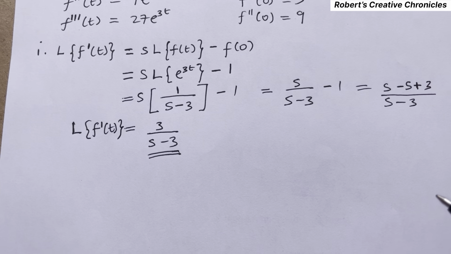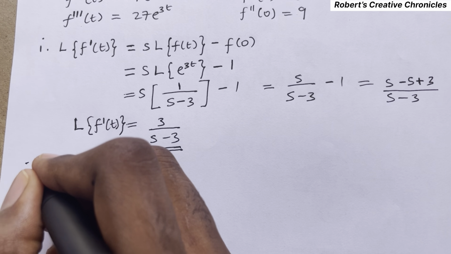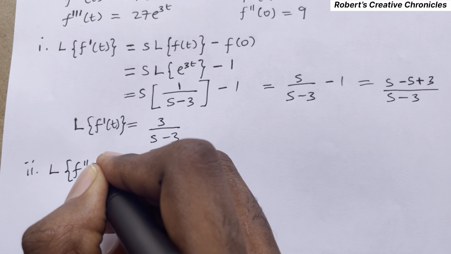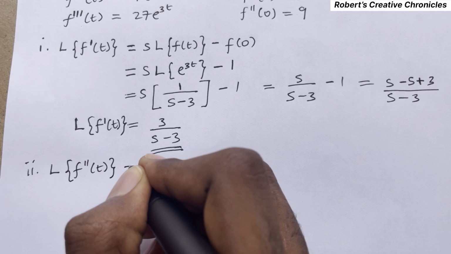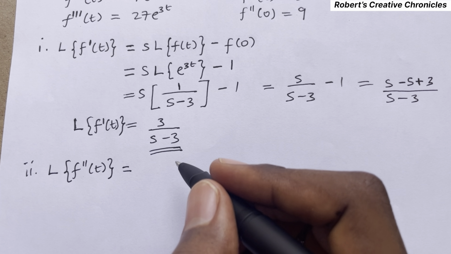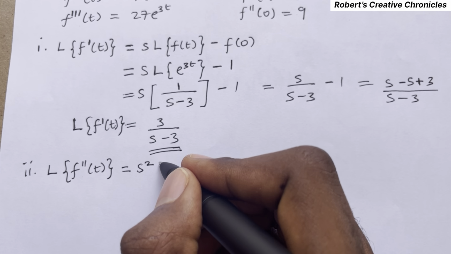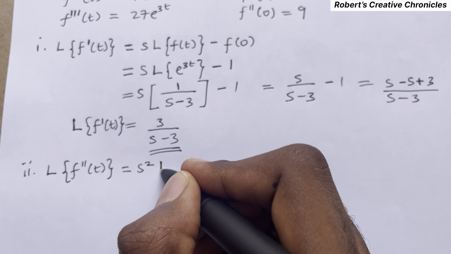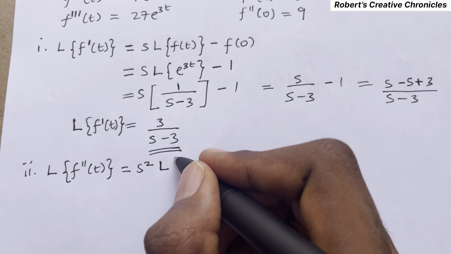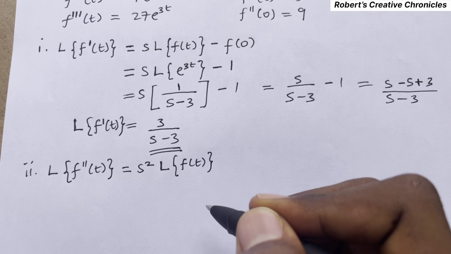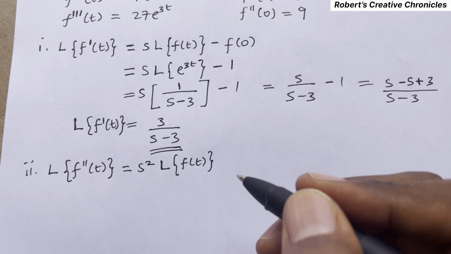Now let's find the Laplace transform of the second derivative. The formula is different from this. Here, instead of s, it is now s squared. Then the Laplace transform of f(t) is constant.